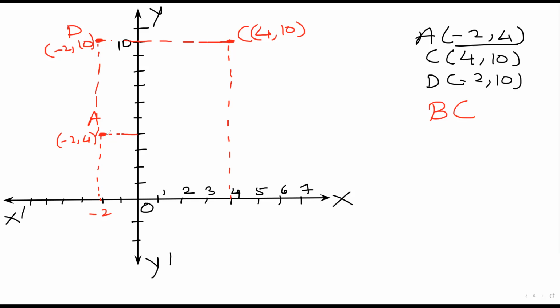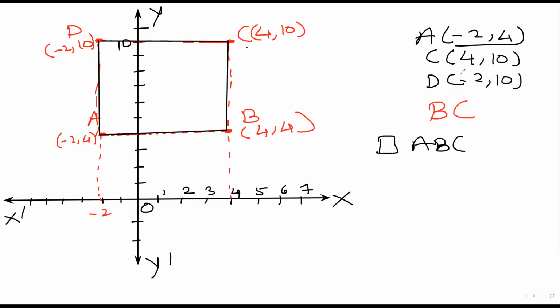So you have to extend a horizontal line through A and let it meet the vertical line through C. Wherever it intersects, that is B, 4, 4. Very nice. Now you have to complete this using solid lines: CD, BC, AB, AD. You have to complete this using straight lines. So this is the square ABCD. So B is 4, 4.